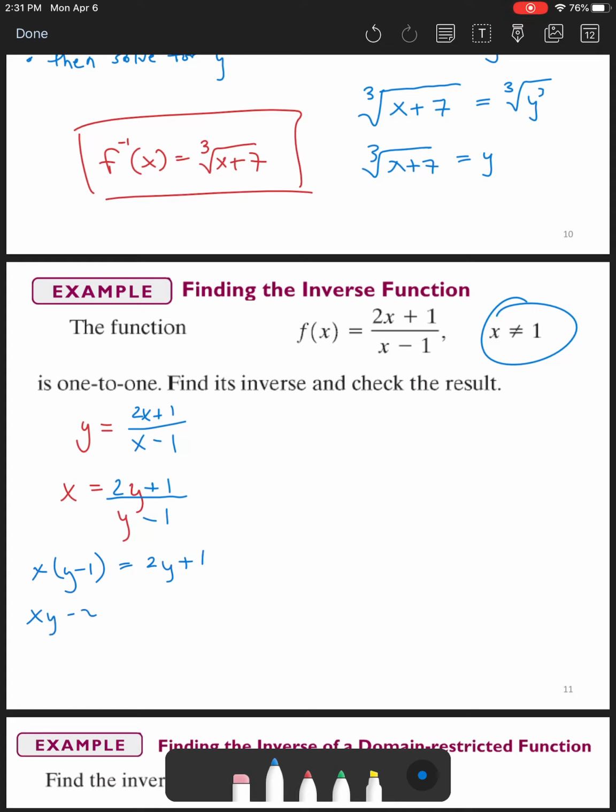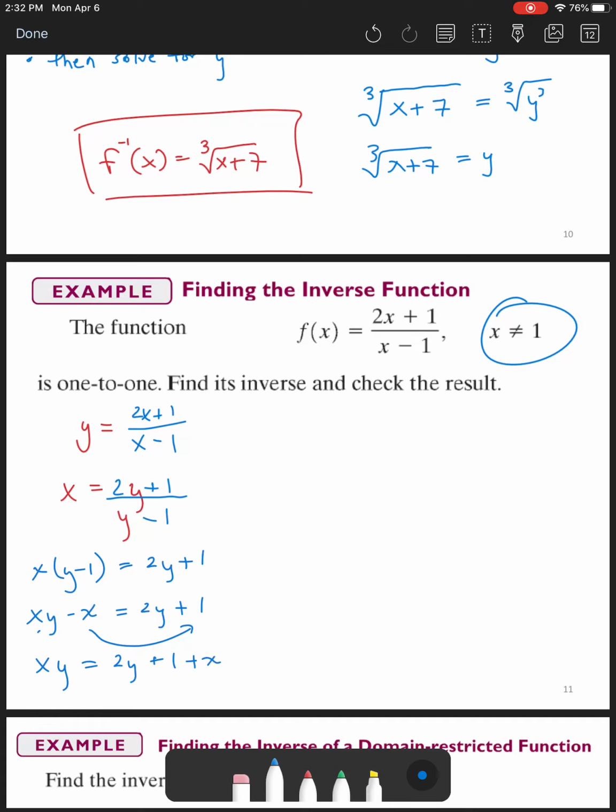All right, so we have xy minus x equals 2y plus 1. We distributed the x throughout that parenthesis. Now I'm going to move all the y's to one side and everything else to the other. This first term has a y, so it stays. This does not have a y, so it has to go over here. So we have xy equals 2y plus 1 plus x.